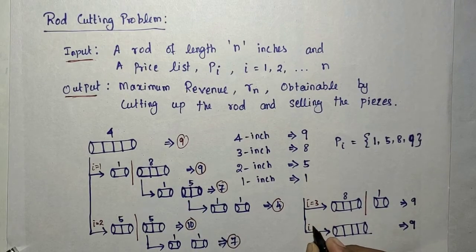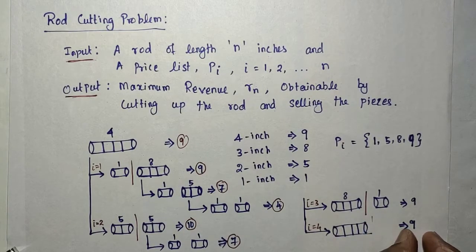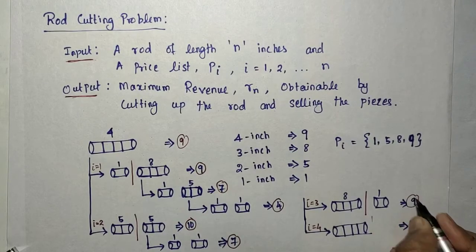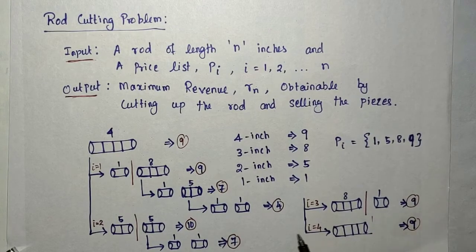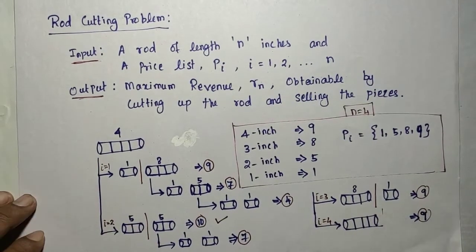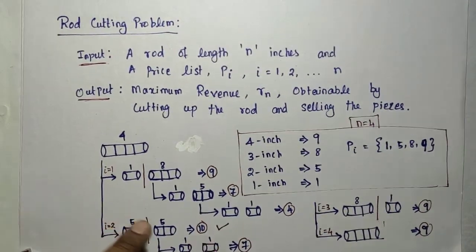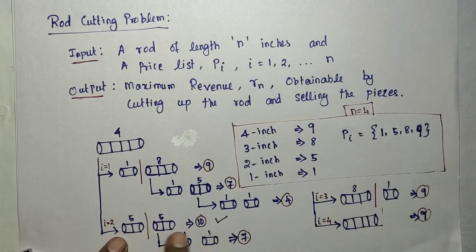And then i equals 4, the cut made on the fourth inch. It means there is no second piece, that piece will be sold like that. Here we are getting 9. Here also we are getting 9. So among these we need to find the maximum revenue, that is 10. So this needs to be returned as a result.